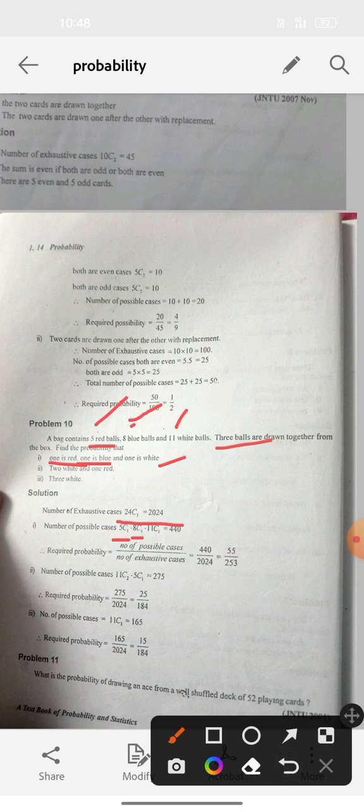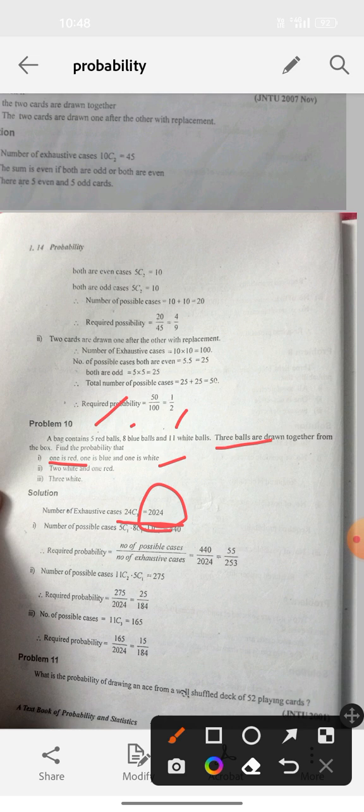Coming to the second bit. The second bit is this one: 2 whites and 1 red. The exhaustive cases will not change. It will remain like this, 2024 is the exhaustive cases. Only the possible cases will change according to the bit.